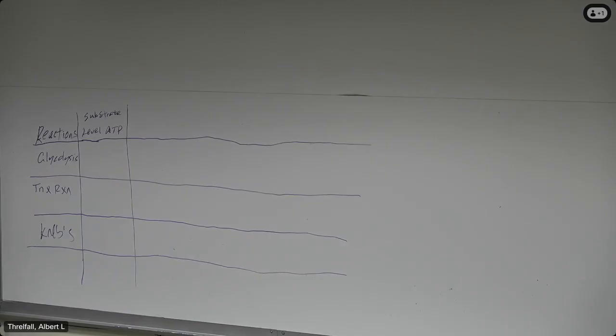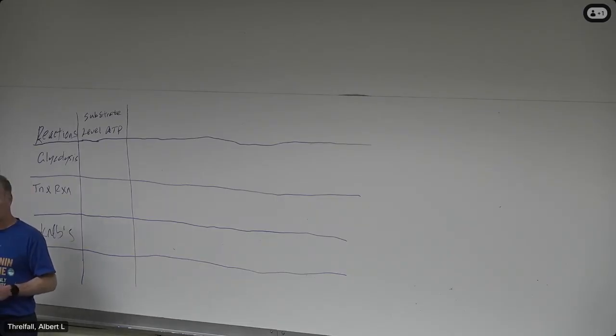That's where most of your ATP is coming from. And then you see a little bit of it where FAD is reduced to FADH. As you look through your pathways, fill out this chart.